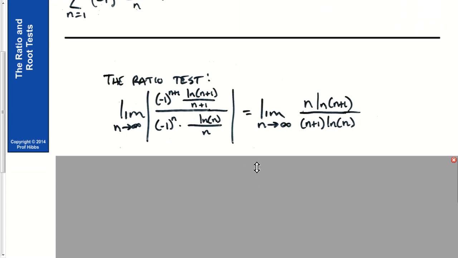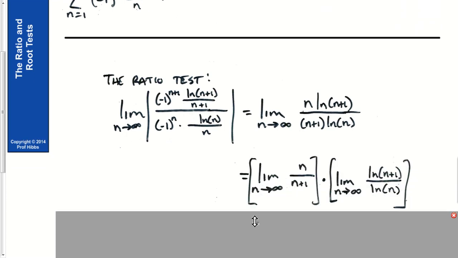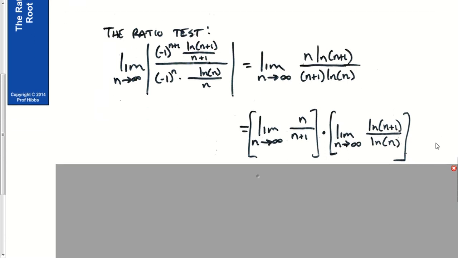Now, as in the last problem, I'm looking at this as the limit of n over n plus 1 times the limit of natural log of n plus 1 over natural log of n. And we can think of that fraction as a product. And if we have the limit of a product, that's the product of the limits, which is what I've shown here.